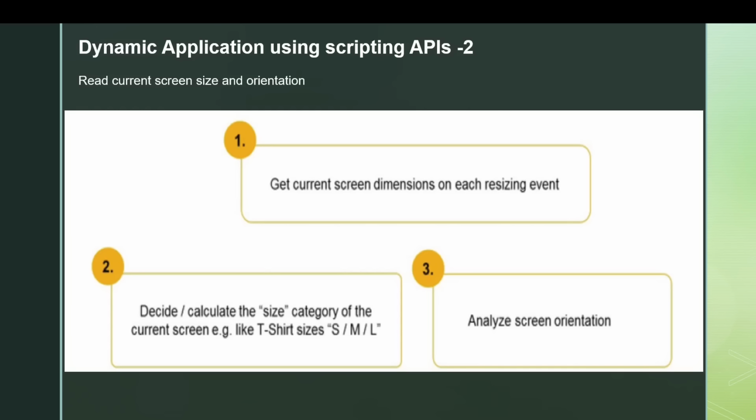For example, t-shirt sizes: S, small, M, L. After analyzing the category of the screen, we analyze the screen orientation. If it is small, for example, we can make it vertical. But if it is large, for example, we can set the screen orientation to landscape.